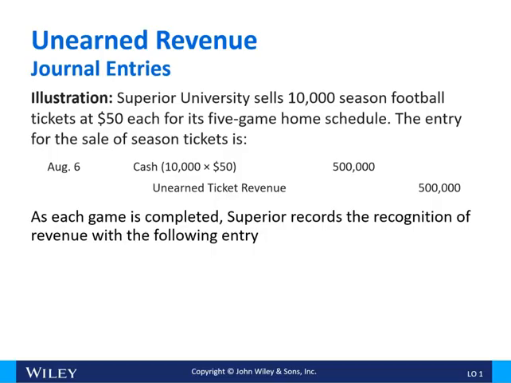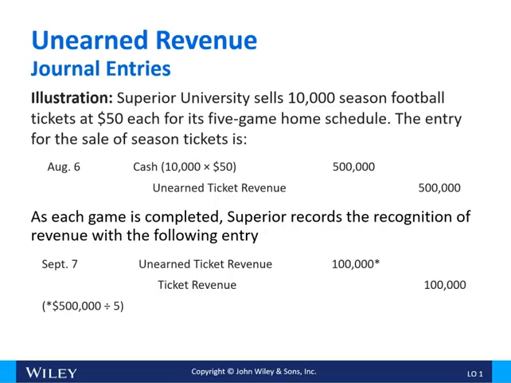As each game is completed, Superior records the recognition of revenue with the following entry. So we played a game on September 7th. We're going to debit unearned ticket revenue for $100,000 and credit ticket revenue for $100,000. How did we get the $100,000?